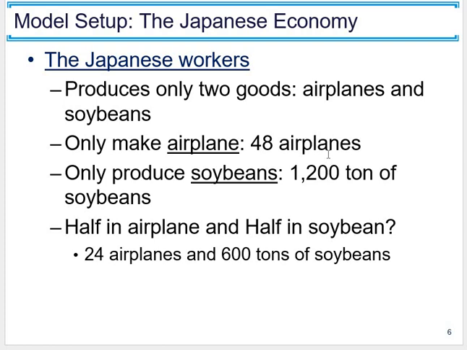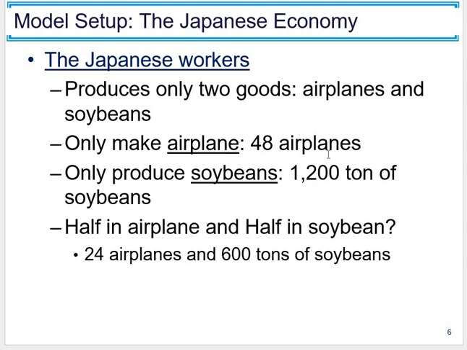How about letting all the Japanese workers focus on soybean growing? Unfortunately, it's just 1,200 tons of soybeans. Those numbers are much smaller than the US workers' capabilities.